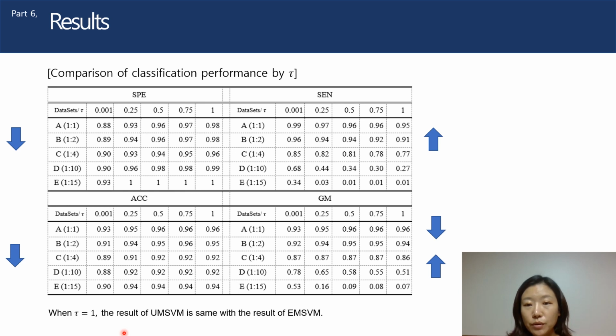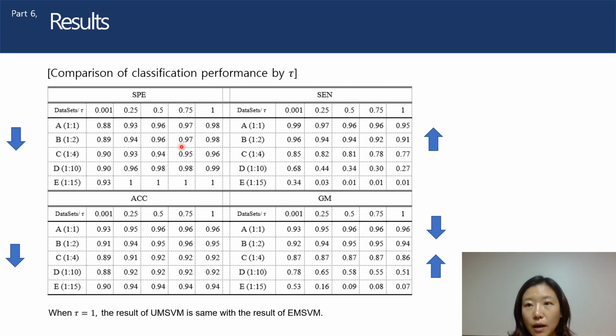This table shows the result of the first research question. I applied different tau for each subsample. To summarize the result, first, the lower tau is, the lower the specificity is in all subsamples.